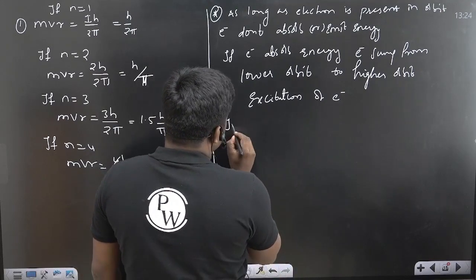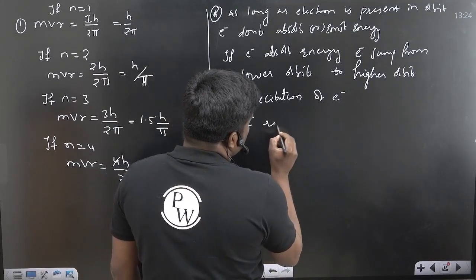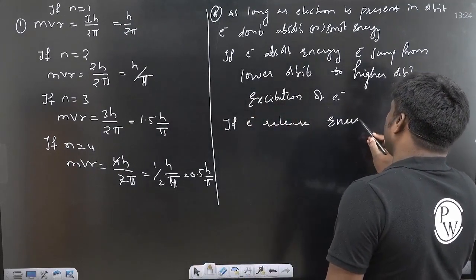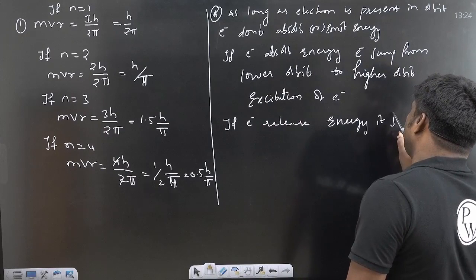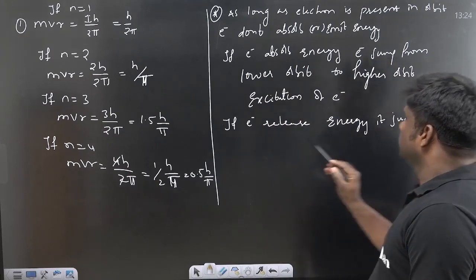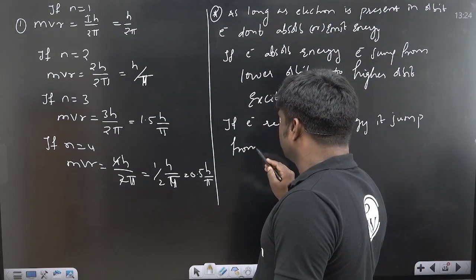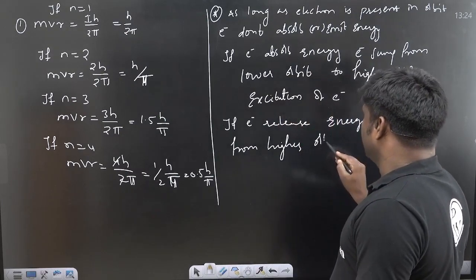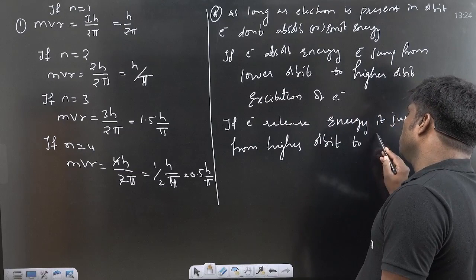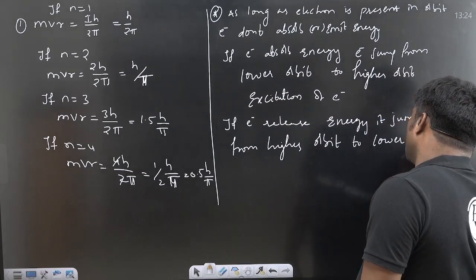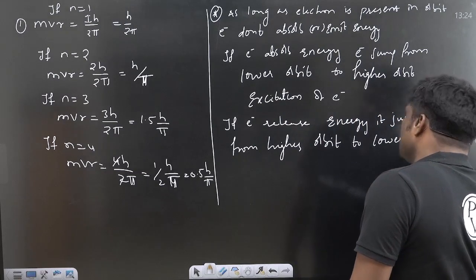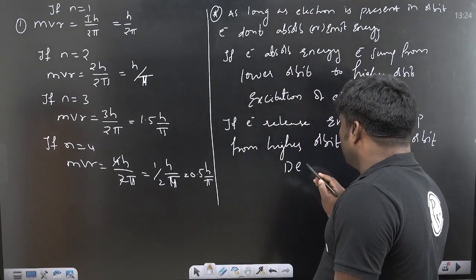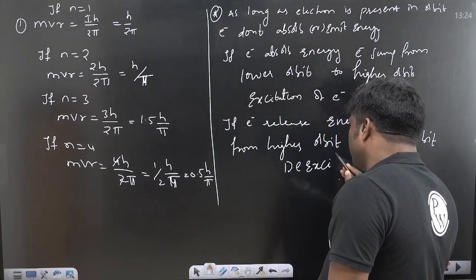If the electron releases energy, it jumps from a higher orbit to a lower orbit. This is called de-excitation.